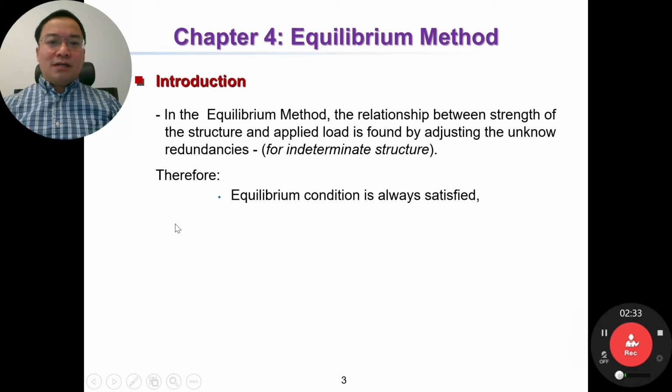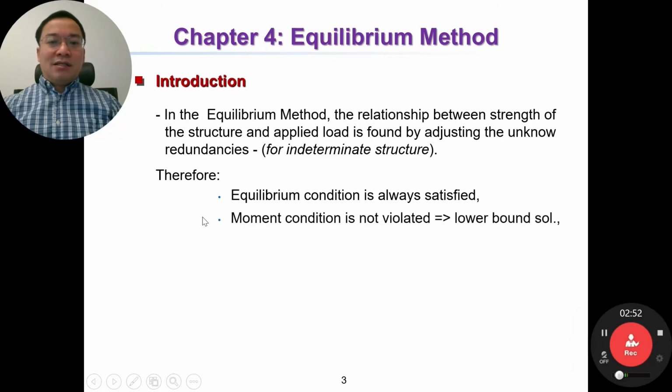Because of that, the equilibrium condition is always satisfied, because we develop the relationship between strength and applied load.